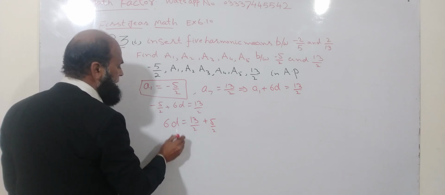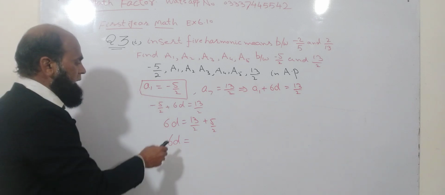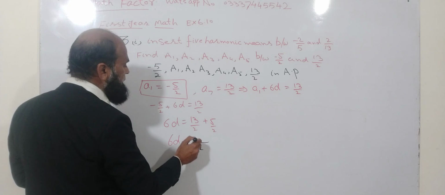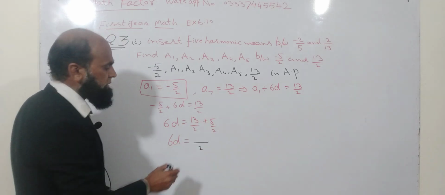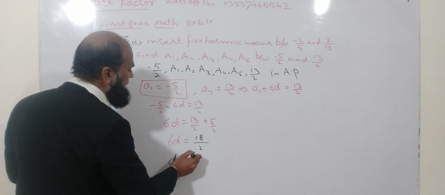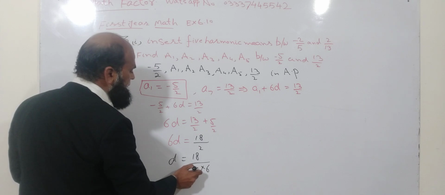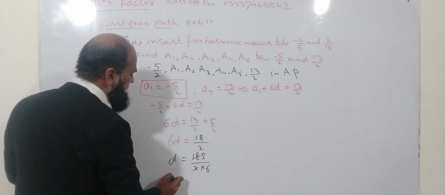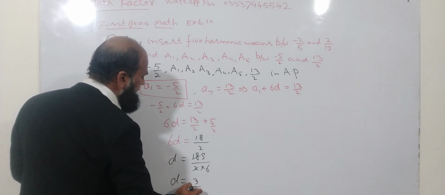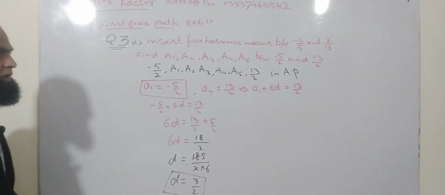After the addition, denominator same, we write here 2, 13 plus 5, 18 by 2, and D is equal to 18 by 2 multiplied by 1 by 6. 2 nines are 18, and D can be written as 3 by 2. D is equal to 3 by 2.